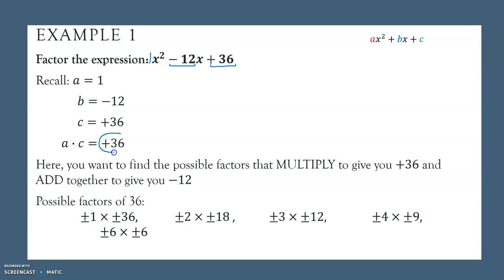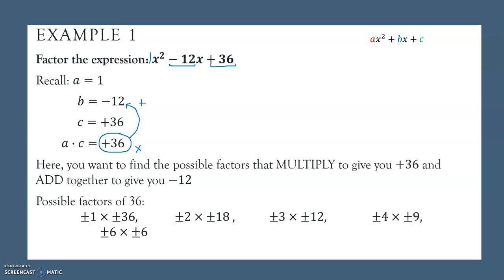After you multiply your A times C, you want to find what two numbers will multiply to give you a positive 36, and add to negative 12.